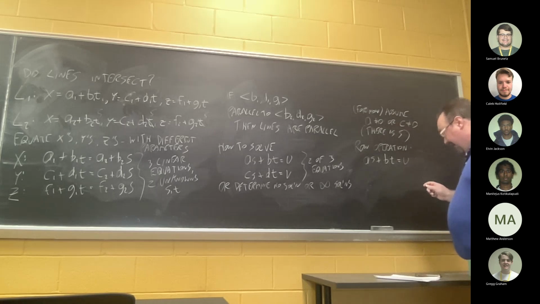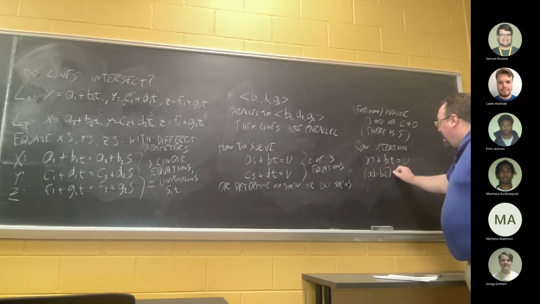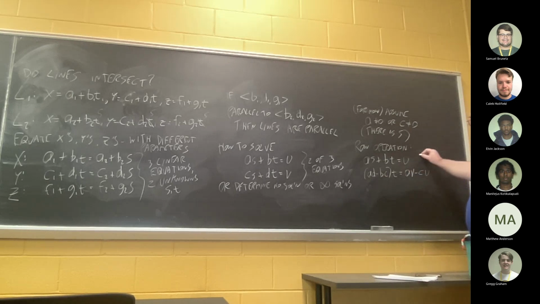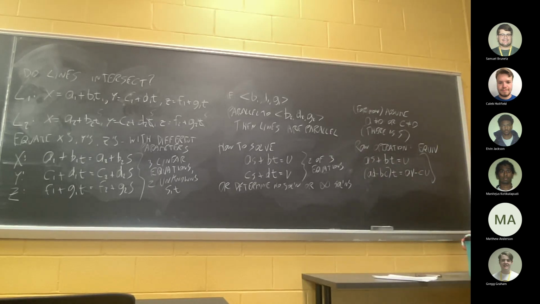The second equation, you can eliminate S from it. And you get this: AD minus BC times T is equal to AV minus CU. So this system is equivalent to the original system right here. It's just a lot simpler to work with because now this second equation depends only on T. So you can just go ahead and solve that second equation.